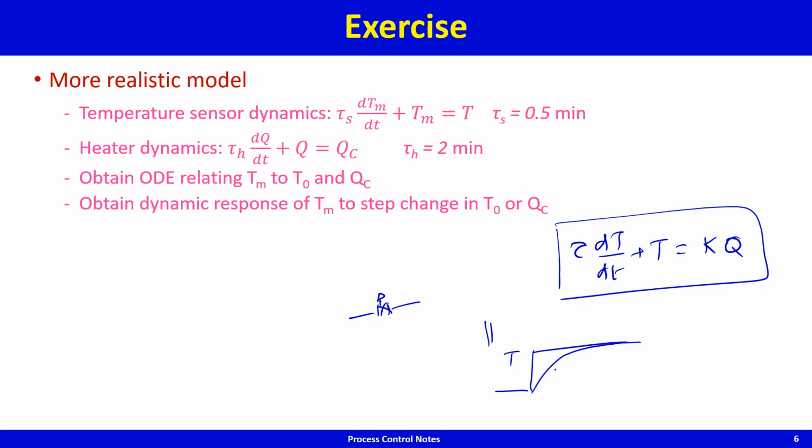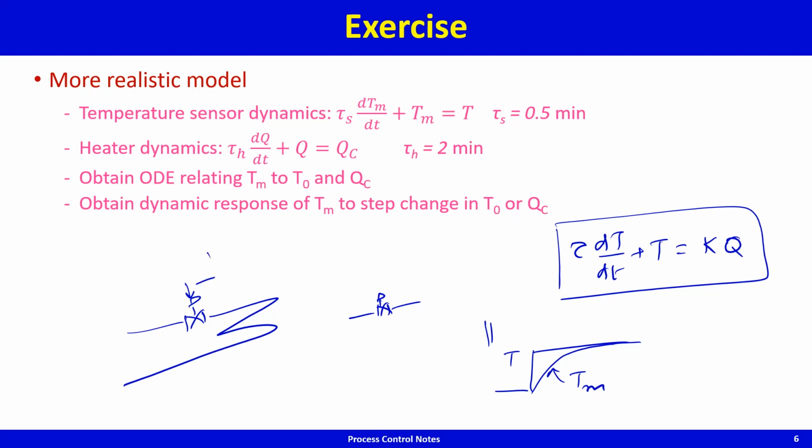So this is the actual fluid temperature and this is the measured temperature from the thermometer. So there is a dynamics associated with the sensor, and you also have dynamics associated with the heating circuit. You change the valve position and more steam starts coming in, the pipes get hotter, and as the pipe gets hotter, more heat gets transferred to the fluid in the tank.